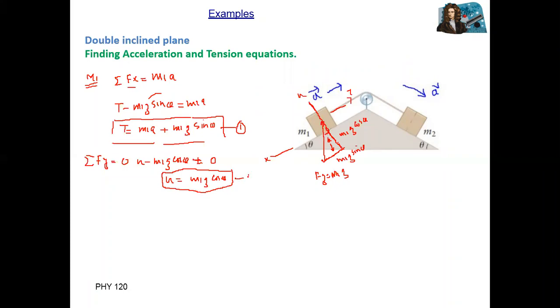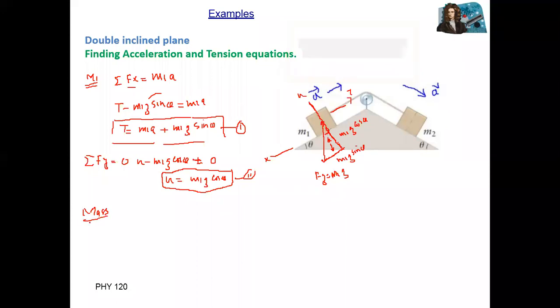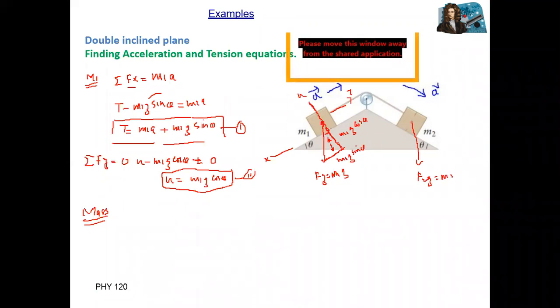Now, sum of all forces on mass number 2. Let's consider mass number 2 along the same direction of this surface. So same forces: the gravitational force, m2g, or mass number 2 multiplied with g. The normal force and the gravitational force make angle theta.